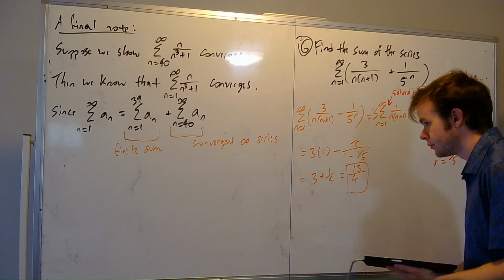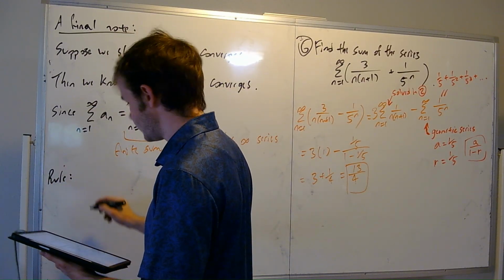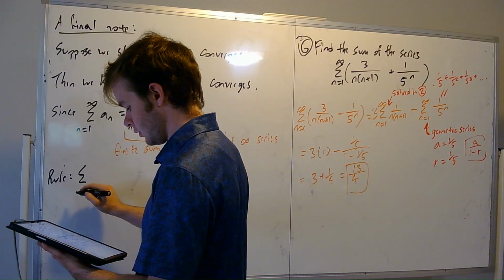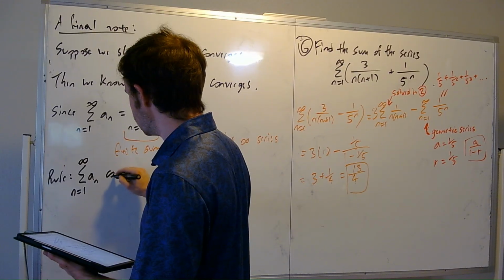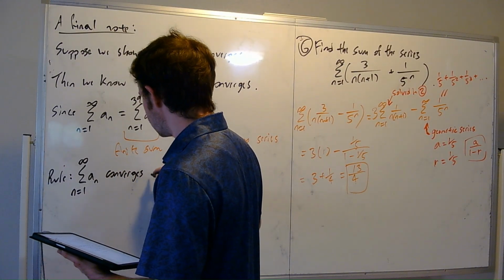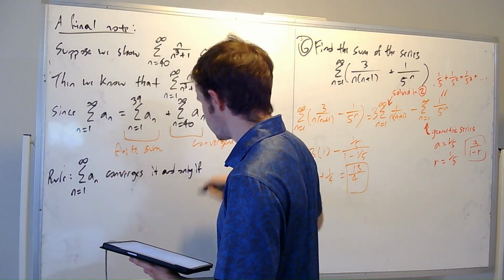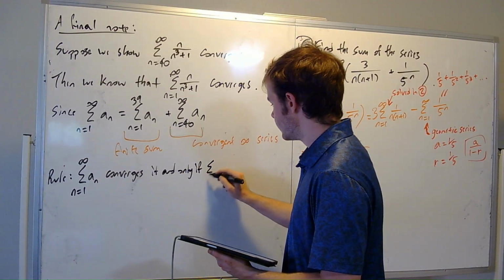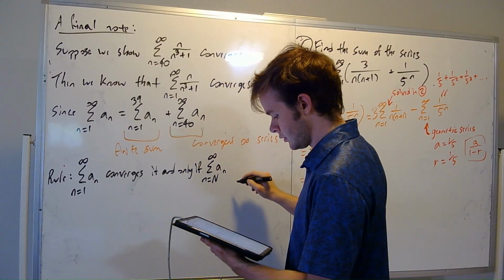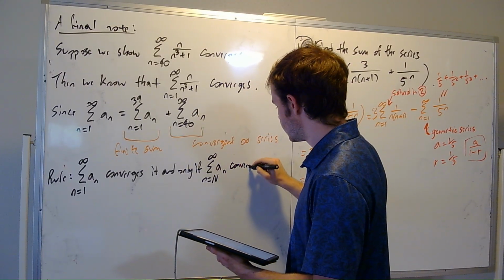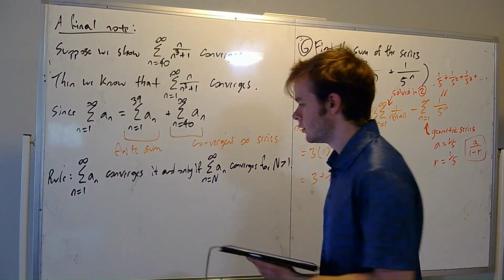So our rule here is going to be the sum from n equals 1 to infinity of an converges if and only if the sum from n equals capital N to infinity of an converges for capital N greater than 1, right?